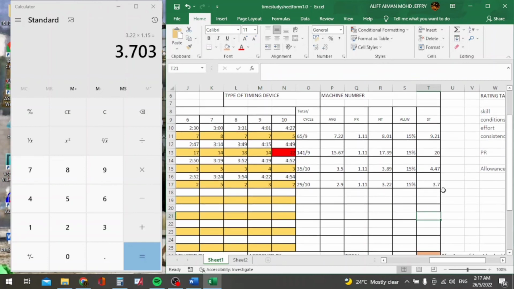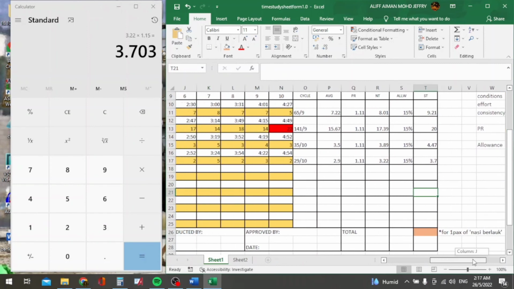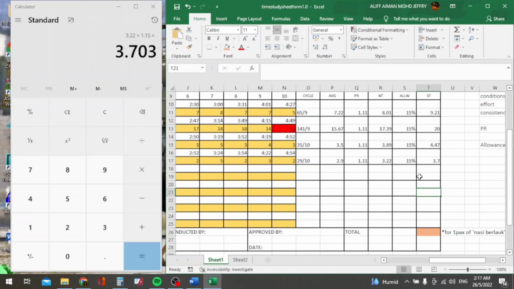Okay, for the total standard time for one pack of nasi belaut, this is the calculation of the time in seconds. The total is 9.21 plus 20 plus 4.47 plus 3.7.